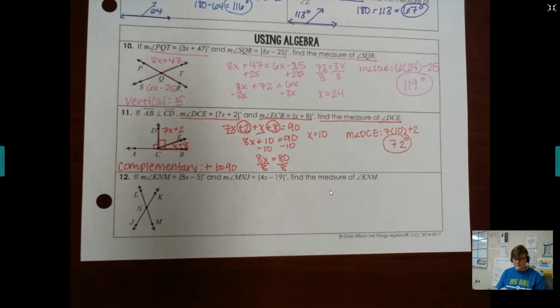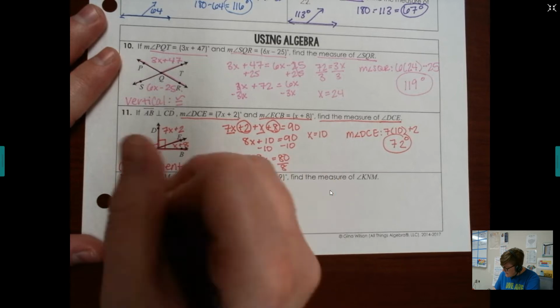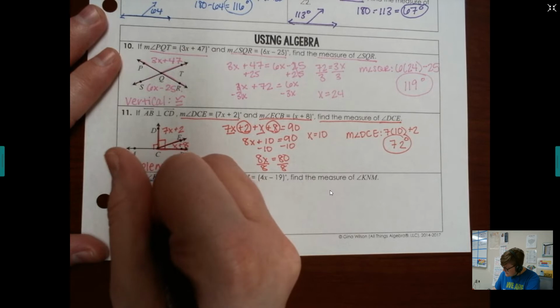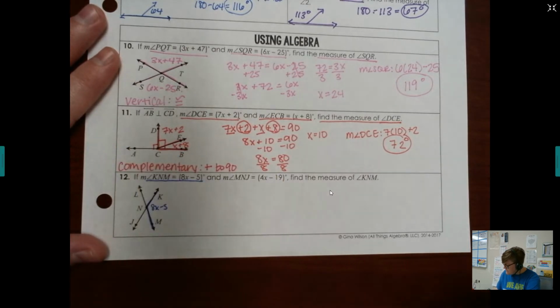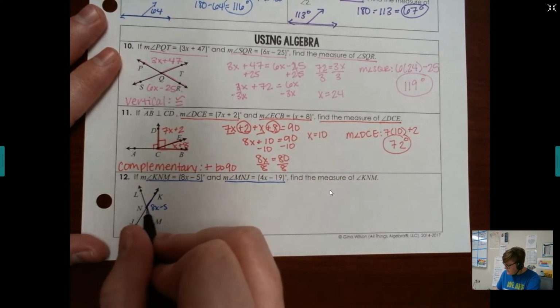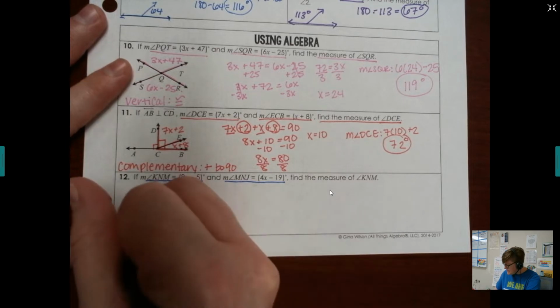All right, the last one on the front of this page has the measure of angle KNM. KNM, that's this one, 8x minus 5. The measure of angle MNJ, so that's this one here, 4x minus 19.